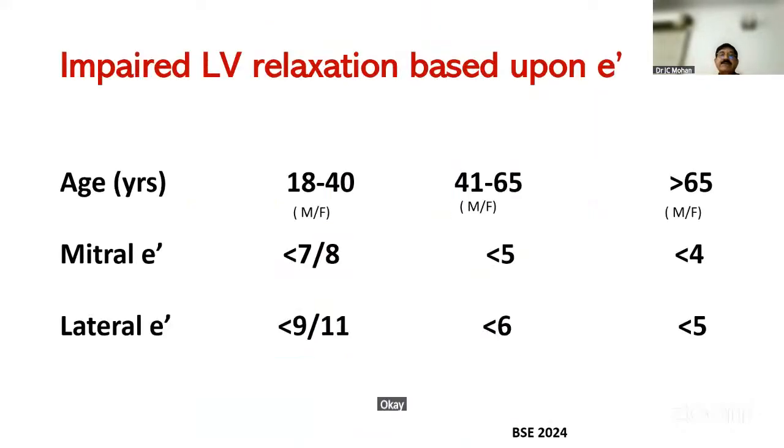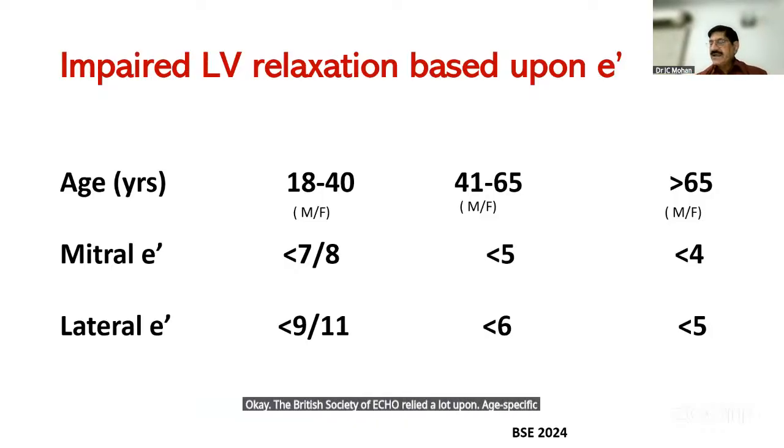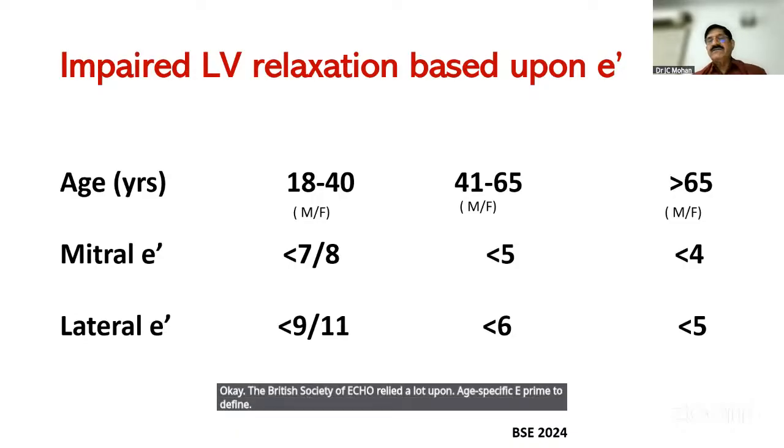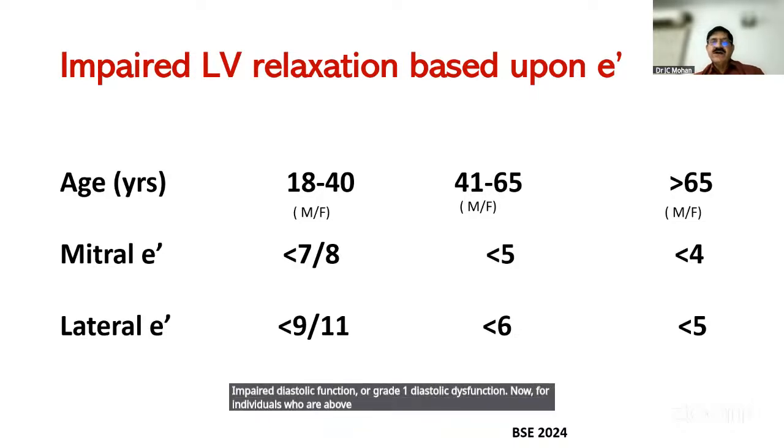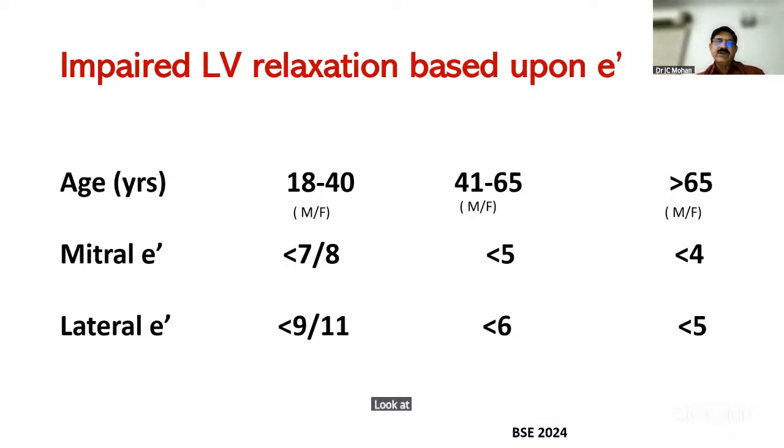Okay, the British Society of Echo relied a lot upon age-specific E prime to define impaired diastolic function or grade 1 diastolic dysfunction. Now, for individuals who are above the age of 65, look at your extreme right. Mitral E prime, medial, less than 4 centimeter. Lateral E prime, less than 5 centimeter.